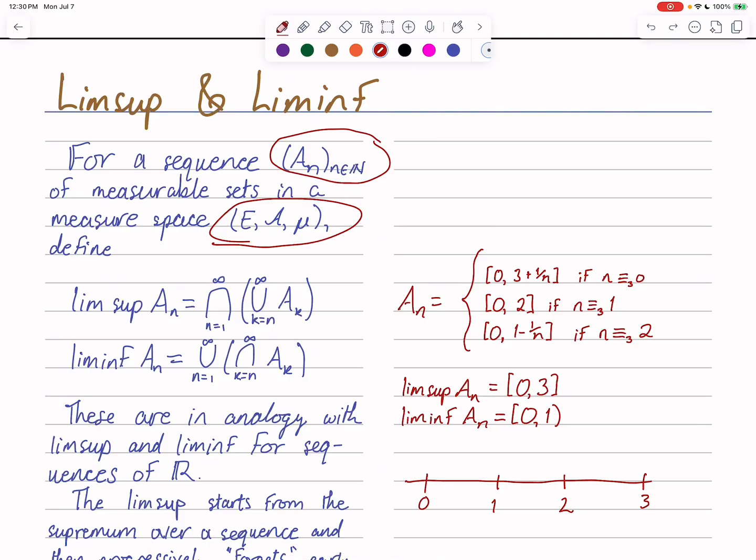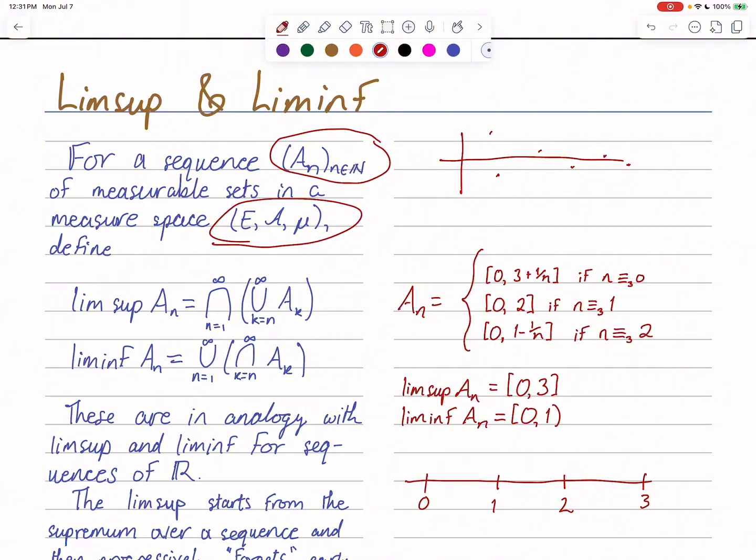Another helpful picture: if you think about some sequence, and I'm just drawing some random diagram of a sequence of real numbers, a sub n, and the Limsup. If you think about some kind of sequence, and here I'm going to draw a fairly special sequence that's alternating but converging towards 0.